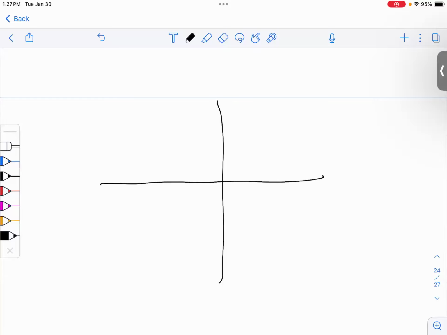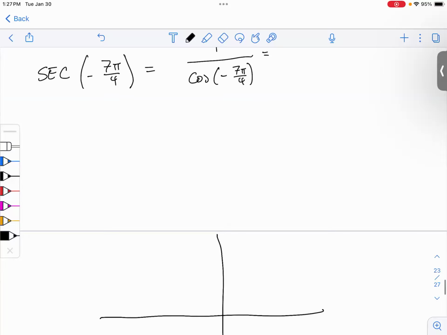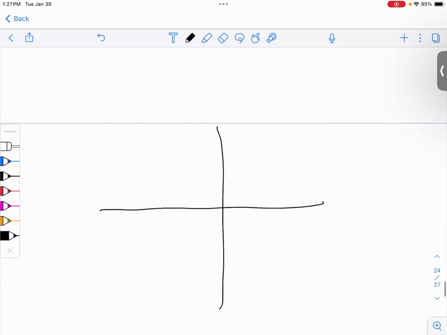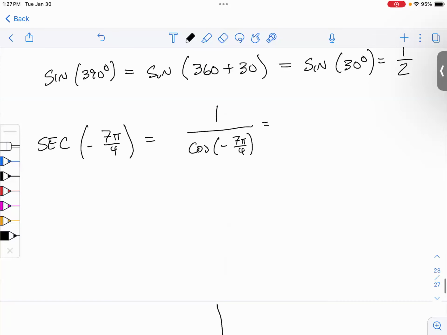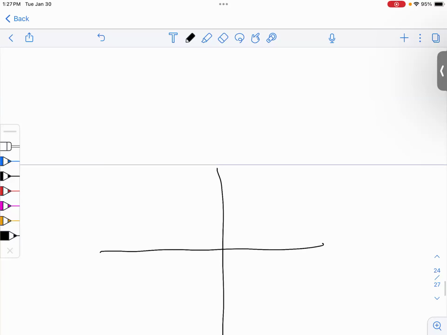So let's see. Negative 7 pi over 4 is also important because negative means which direction am I going? I'm going down, aka clockwise, not counterclockwise, which is how our quadrants are laid out. So negative 7 pi over 4. How far is 180?